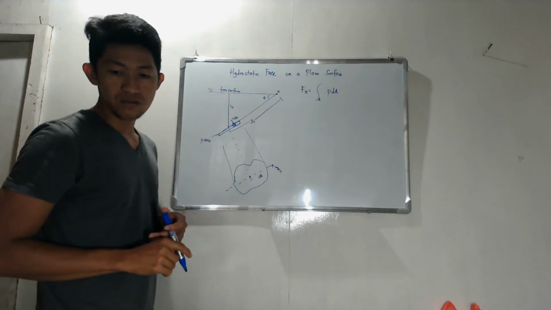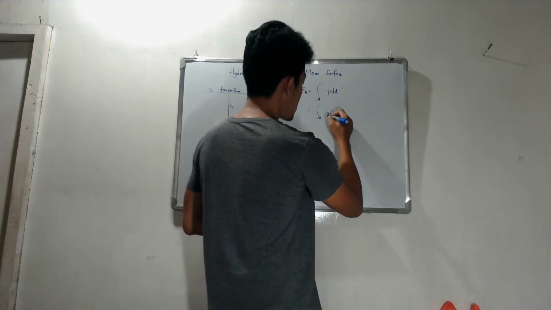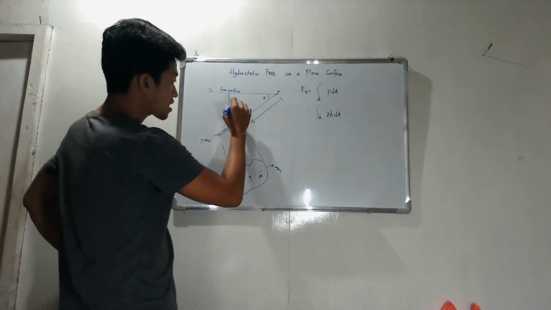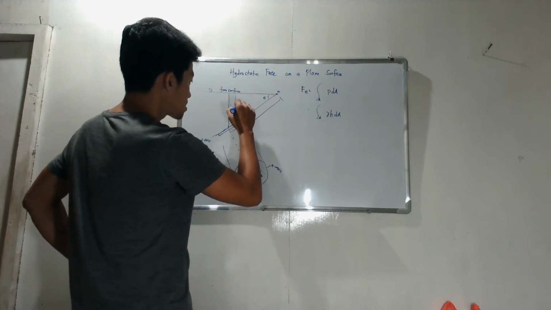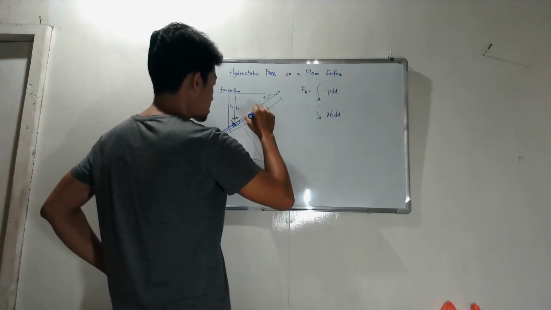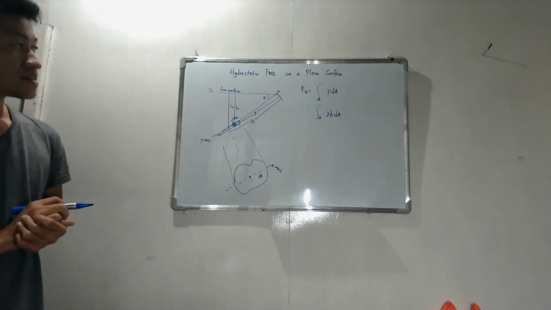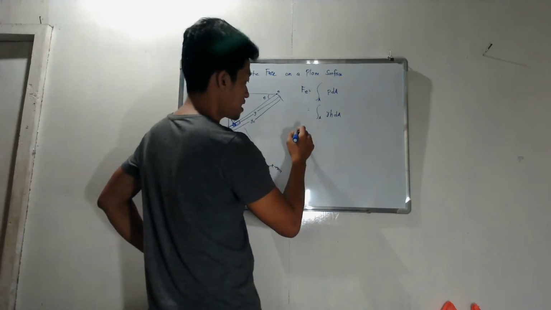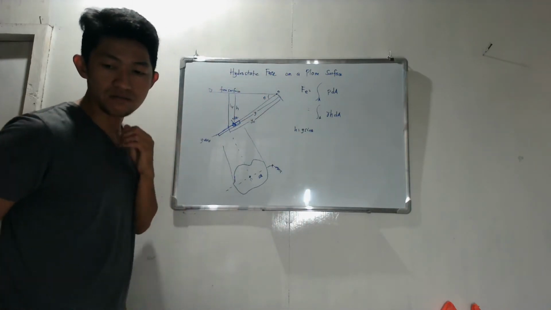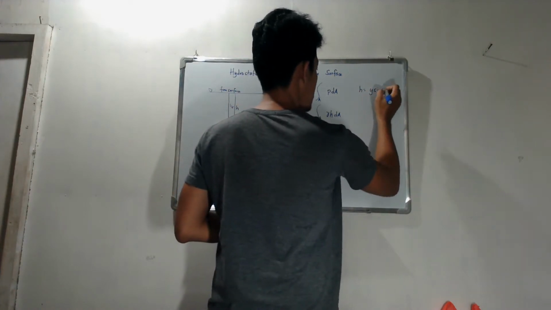You know that the pressure is just gamma times h, so dF is gamma h dA. For this area, the height is h and correspondingly its distance along the axis is y. Based on the geometry, h is just y sine theta.